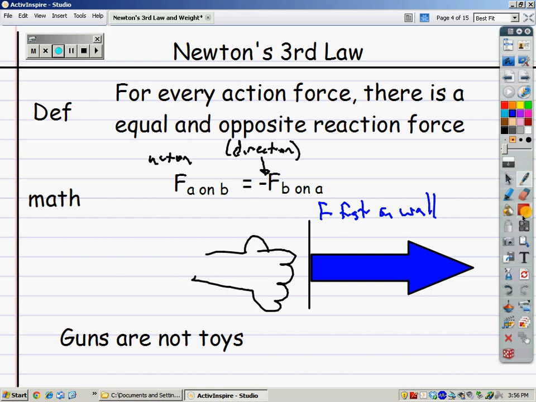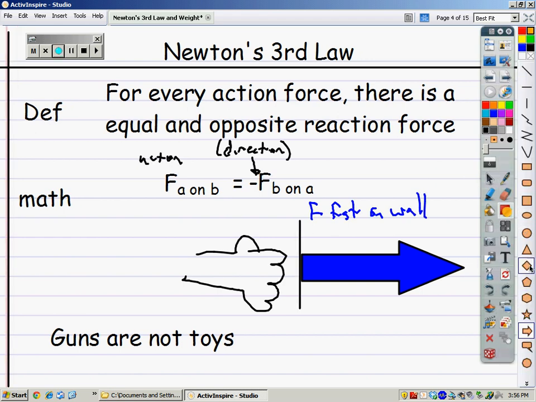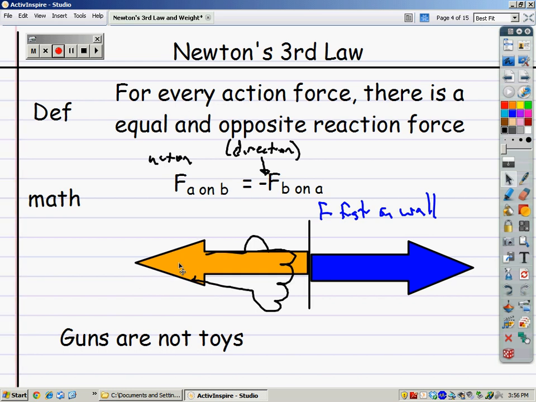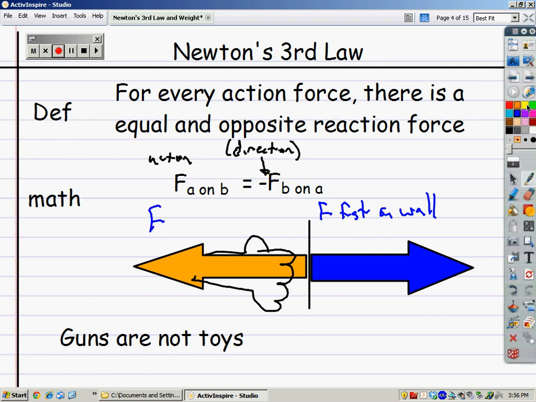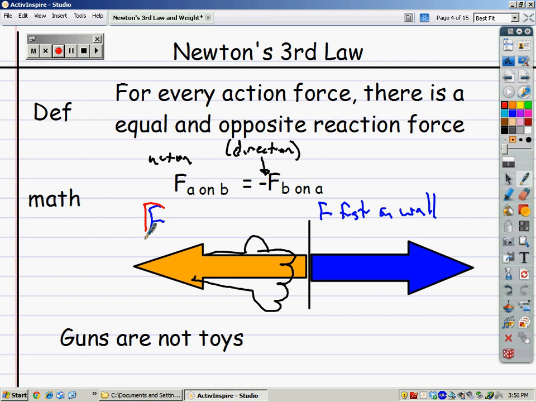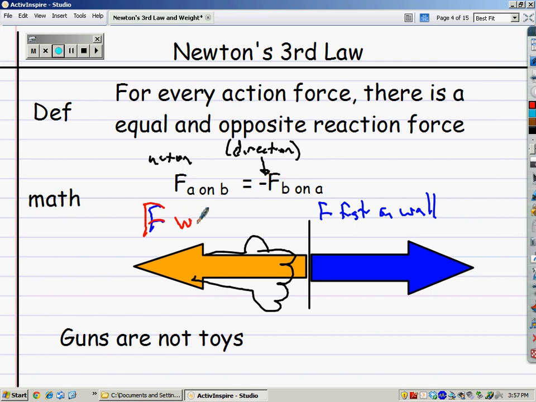But anybody who's ever really punched a wall knows that there is also a reaction where it kind of hurts. This would be the force of, and we'll do it in a similar color, force of wall on fist. So this is our action-reaction, and this would be the negative sign over here. It's the opposite direction. This is true of lots of examples.